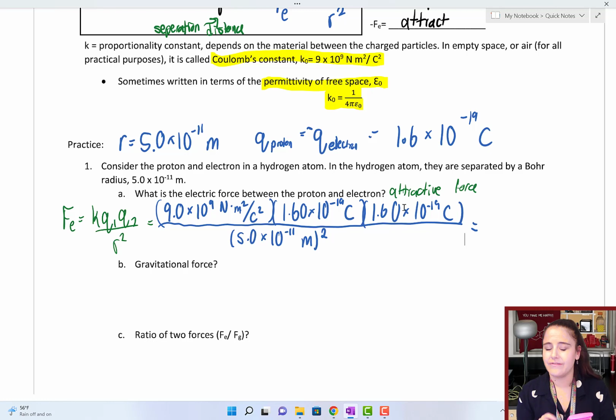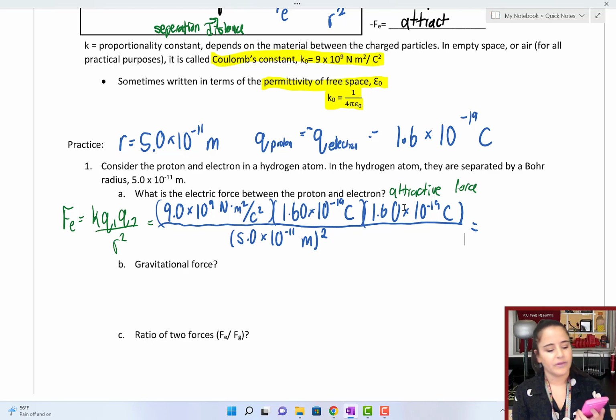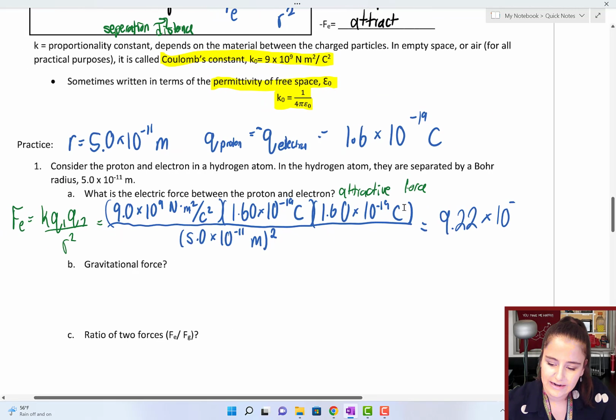I highly recommend putting that one in parentheses, so that the calculator knows that the square applies to the 5 times 10 to the negative 11, not just the 10 to the negative 11. Okay, and I press enter and I got 9.216. So I'll just say 9.22 times 10 to the negative 8 newtons.